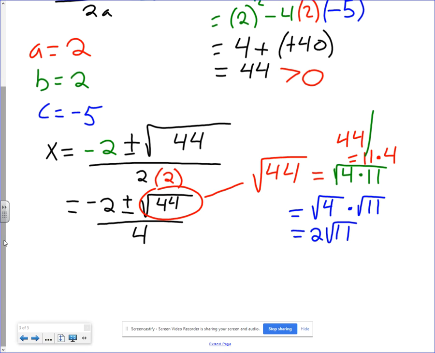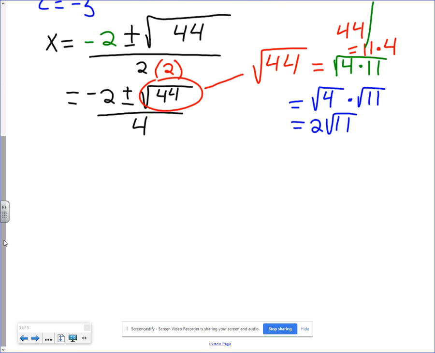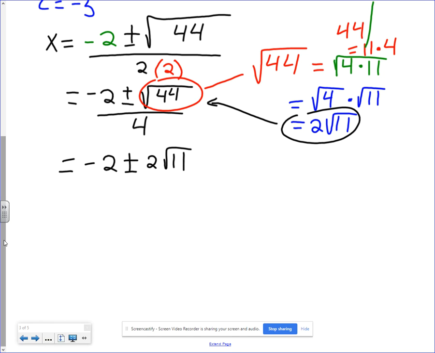So we have 2 times the square root of 11. So we can take this 2 times square root of 11 and then substitute it into the 44 in our solution here. So we have negative 2 plus or minus 2 radical 11 over 4.